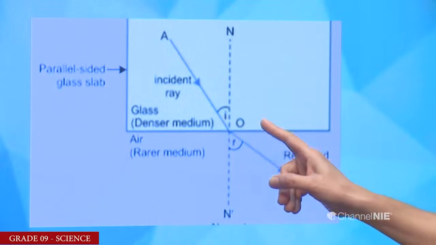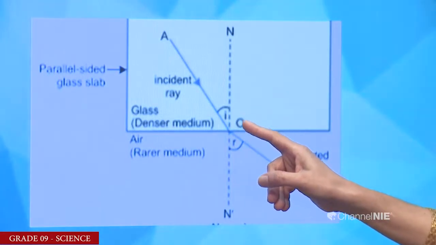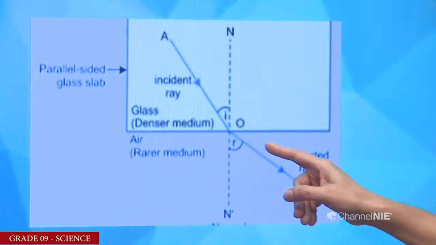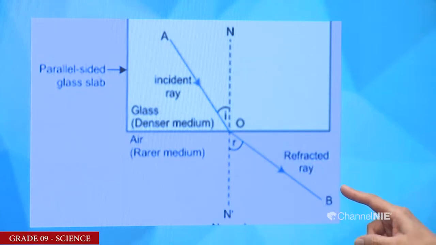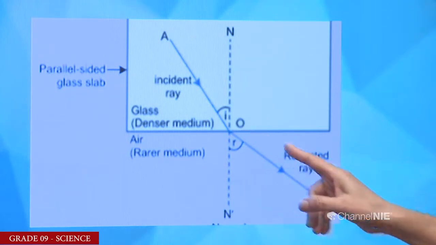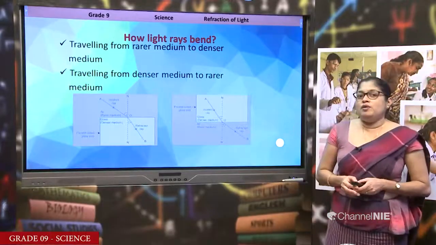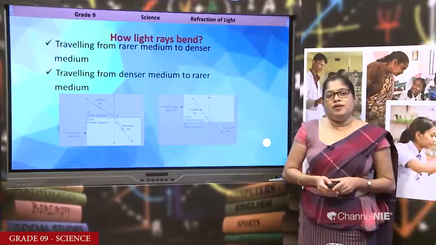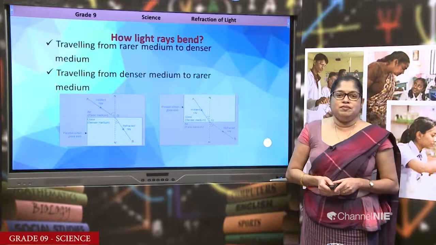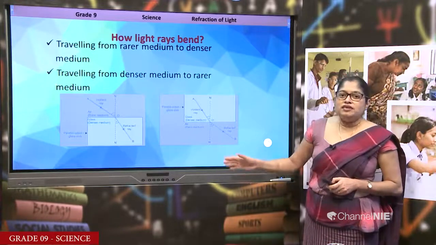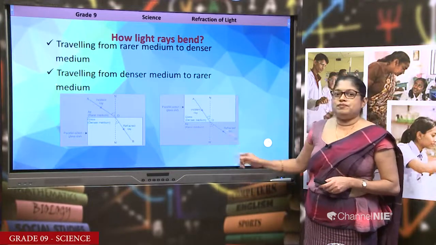At this point, we call it the point of incidence. The light ray gets refracted. So, you can see the refracted ray is travelling away from the normal. So, remember that when light rays are travelling from a denser medium to a rarer medium, they are refracted away from the normal.